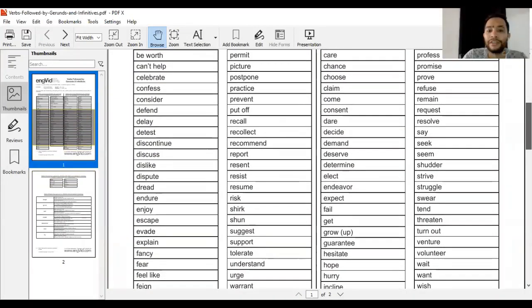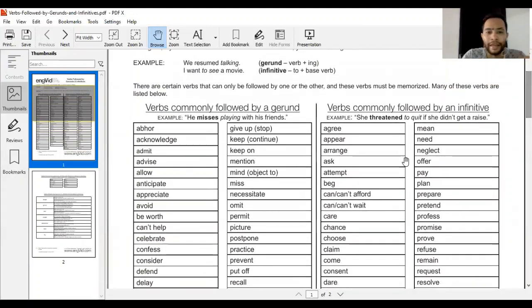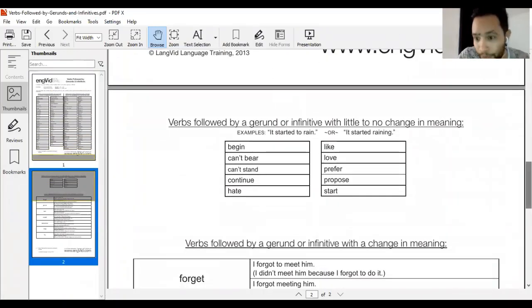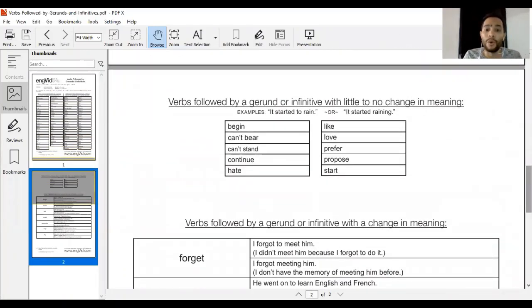Those were the first two groups of verbs, the verbs that always go with gerund, and the verbs that always go with infinitive. Now we have a small group of verbs that can be used with both, with infinitive or with gerund, right? So here you can use the one you prefer, the one you like.